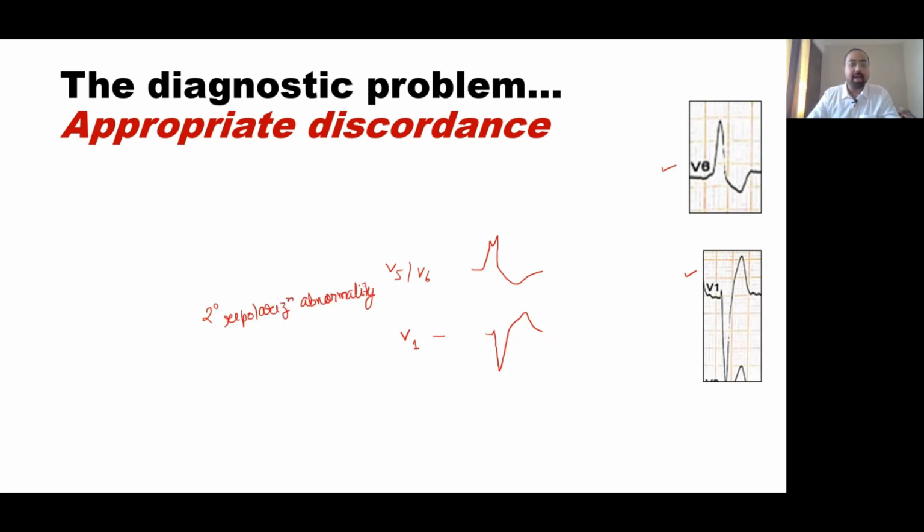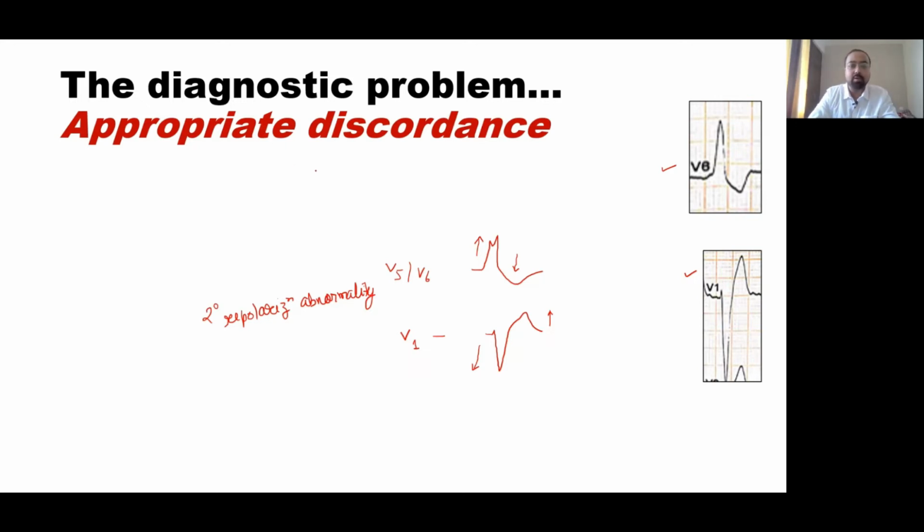As you know, there is an aberrant depolarization, and this leads to a secondary repolarization abnormality. The result is that the ST segment goes in the opposite direction of the QRS complex. If the QRS complex is positive in that particular lead, you will find an ST depression and a T wave inversion. If the QRS complex is negative, you will find an ST elevation and a positive T wave. So this is called an appropriate discordance.